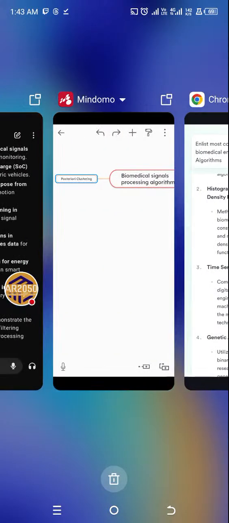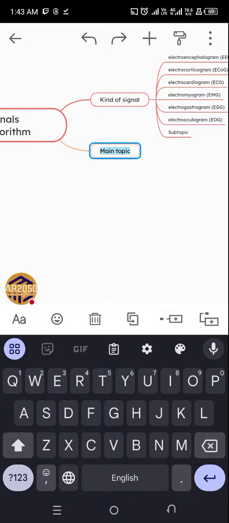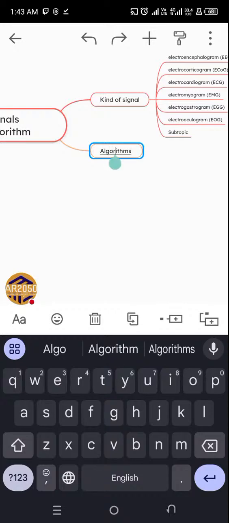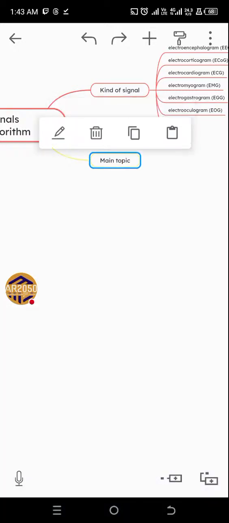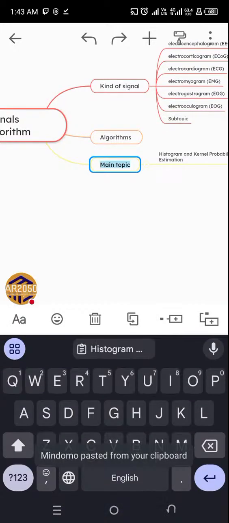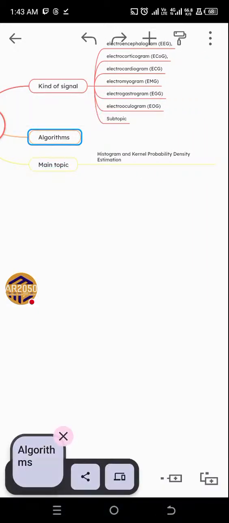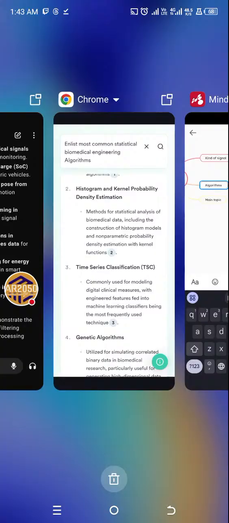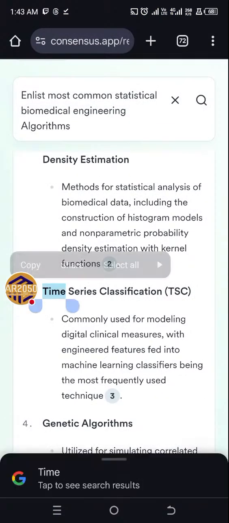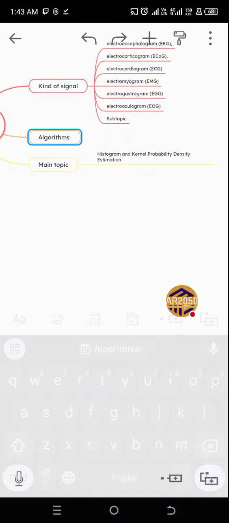Time series classification. Genetic algorithms.